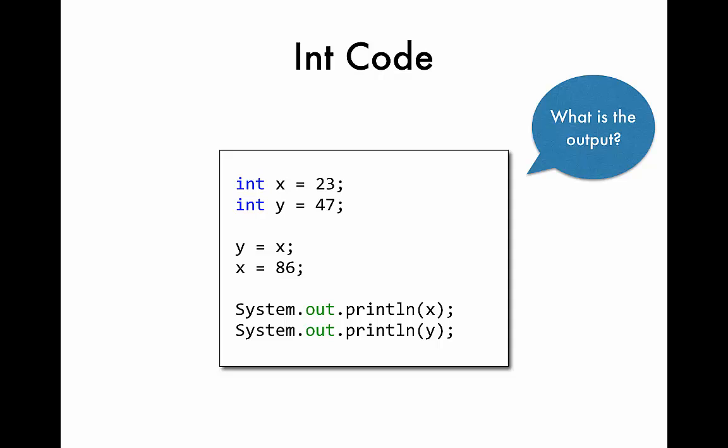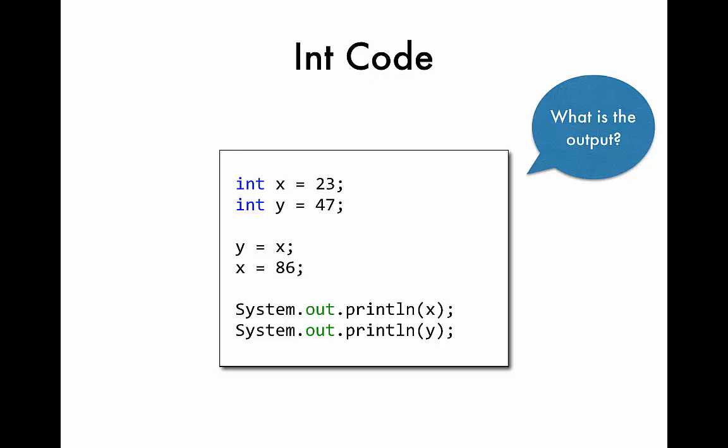I'll give you 5 seconds to pause the video, figure out what is printed for x and y at the end of this code, and write it down on your paper. 5 seconds starting now. Okay, good. Now, like I said, we're going to revisit each of these problems and trace through the code step by step, so I'm not going to reveal the answer yet.